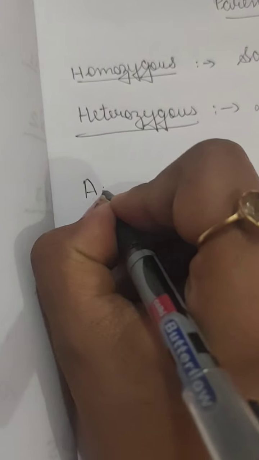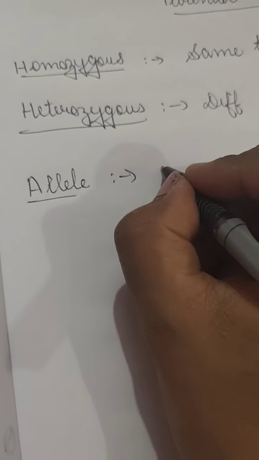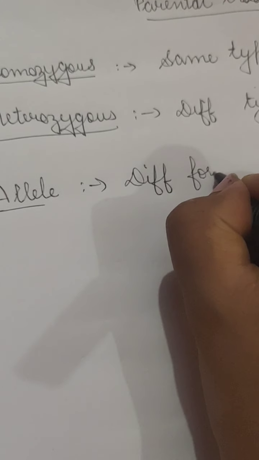Now, what are alleles again? An allele is a different form of a given gene. Everything is about genes in this chapter, because all the characteristics which an individual inherits are due to genes.